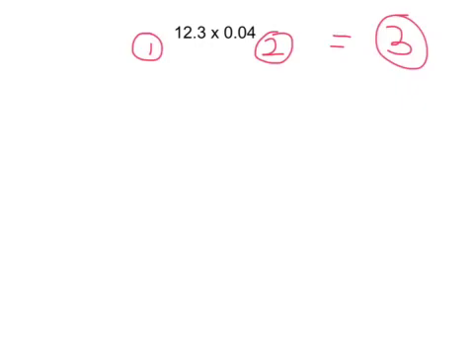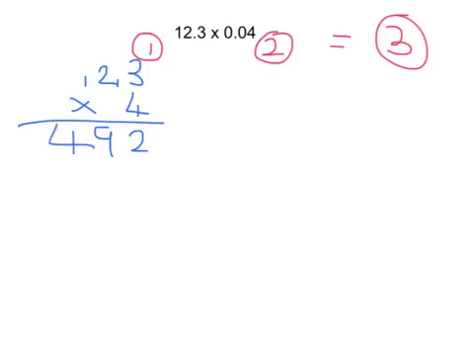Now we're going to forget about the decimal points, and I'm going to do 123 multiplied by 4. Easier multiplication this time. 4 times 3 is 12. 4 times 2 is 8, add the 1, 9. 4 times 1 is 4. 492. Well, 492 is obviously not going to be the correct answer because I'm multiplying by a number less than 1.